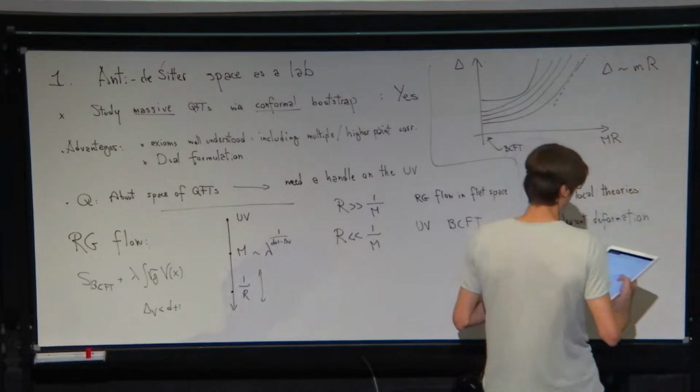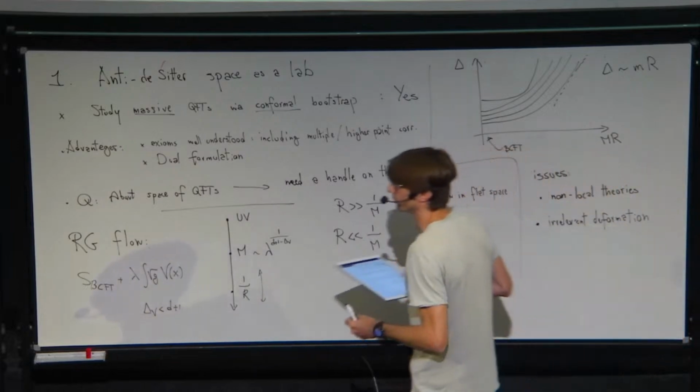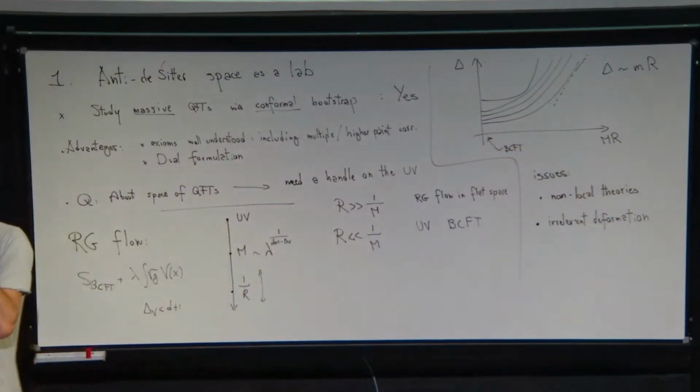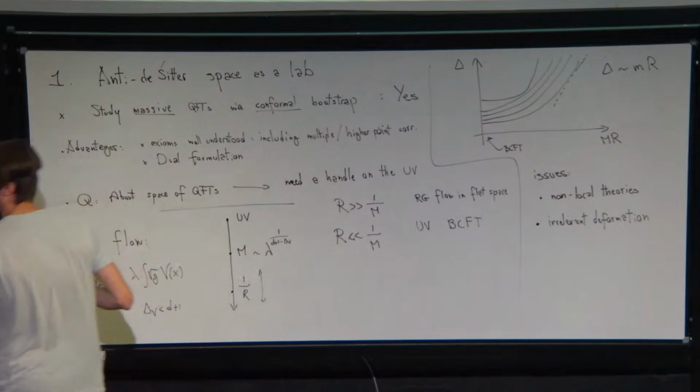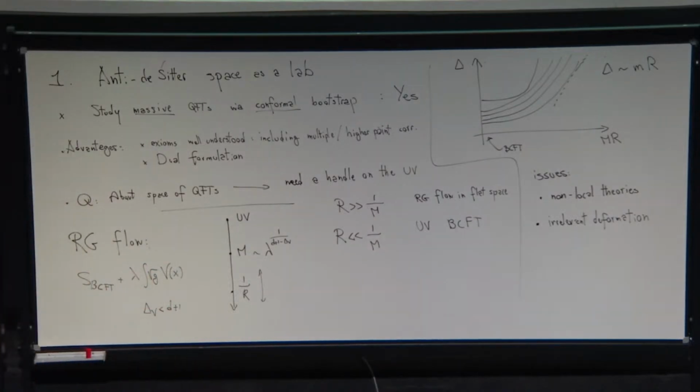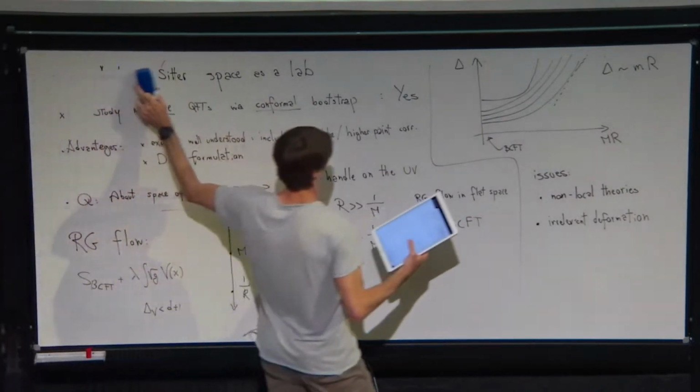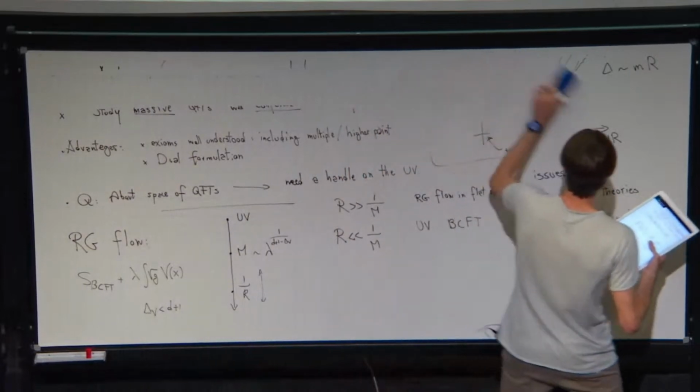Okay, so we can move on to part 2 if there are no questions. Are there other questions? Otherwise, I'll move on to part 2. And this I can erase, I think, because I don't want to erase that yet.